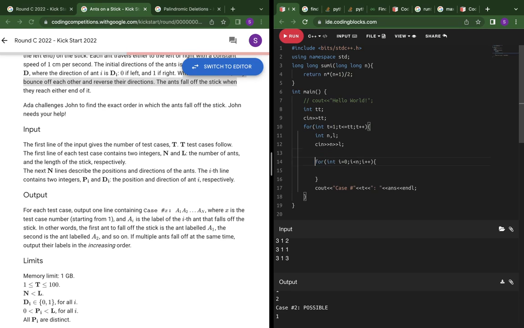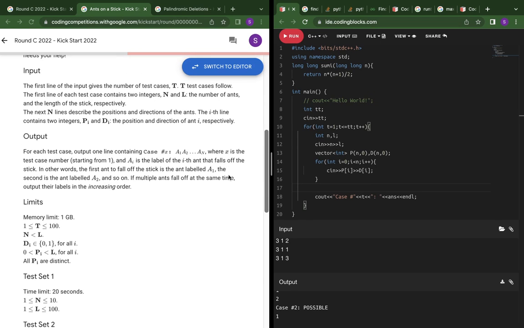So we have to take two vectors, I guess, or arrays, whatever we call them. One would be p, of size n comma 0, and d, this should also be n comma 0. And I'm just going to cin p of i and d of i.